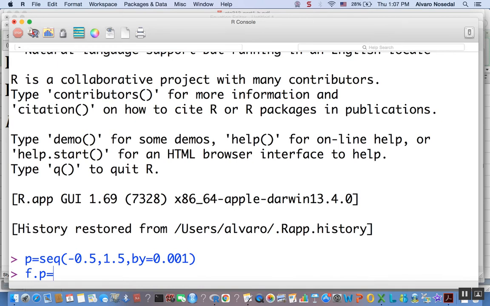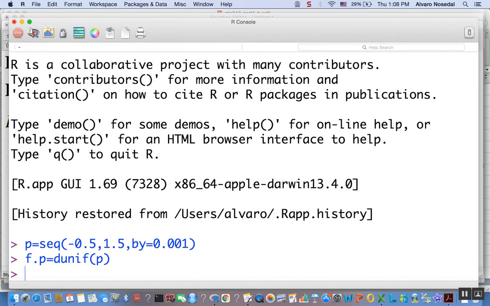You guys agree? There's a function in R that allows us to evaluate the PDF of a uniform, and that function is dunif, as in density. The default is that the minimum is 0 and the maximum is 1, so that's okay. So I would like to evaluate the PDF for a continuous uniform in 0, 1.